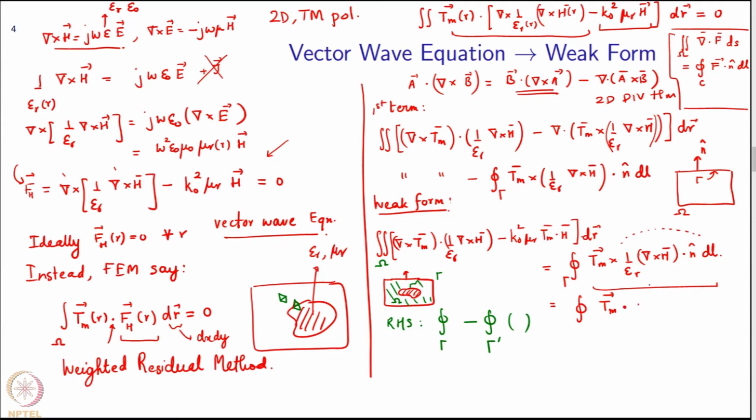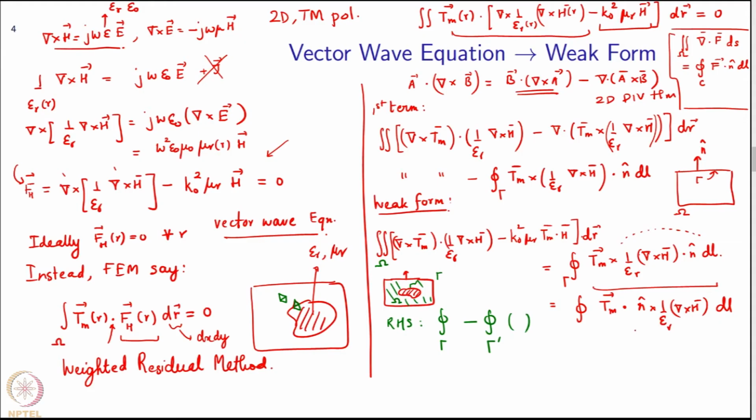Two minus signs and I get the same expression. So, it would have first become minus Tm dot 1 by epsilon r curl of H cross n, and A cross B is minus B cross A. So, the n comes to the middle.